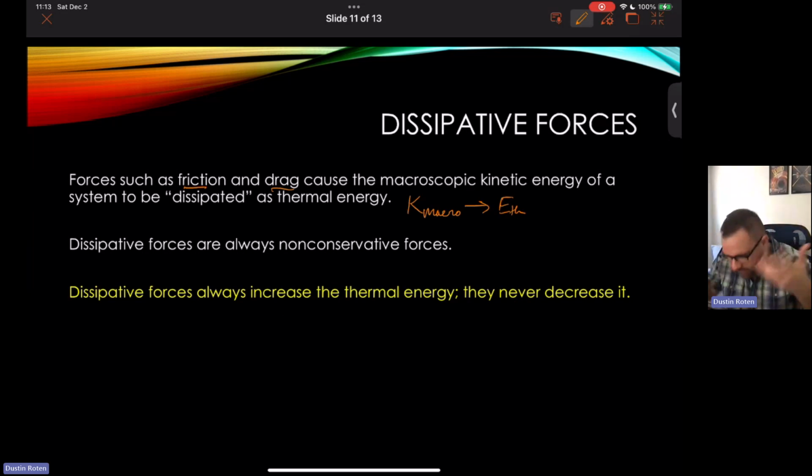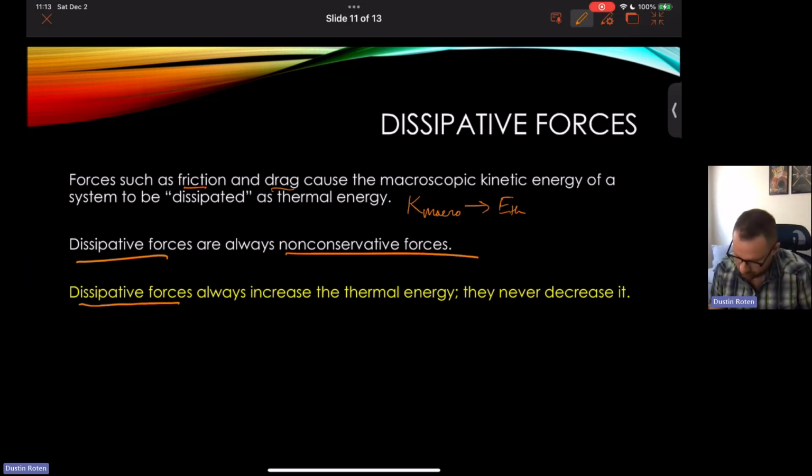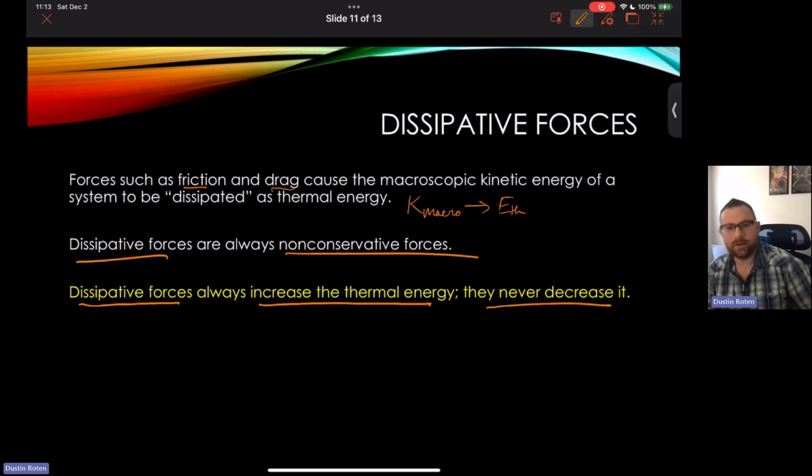So if you extend this, it turns out that dissipative forces are always non-conservative forces. Of course, dissipative forces always increase the thermal energy, and they never decrease it. So it's the whole idea of we're losing energy to somewhere else. We can increase that thermal energy, but we can't get it back. We can't store it anywhere, therefore non-conservative.